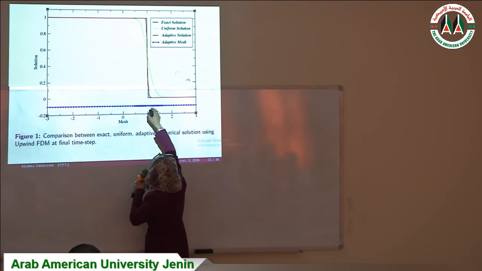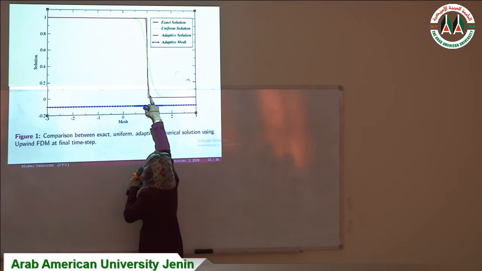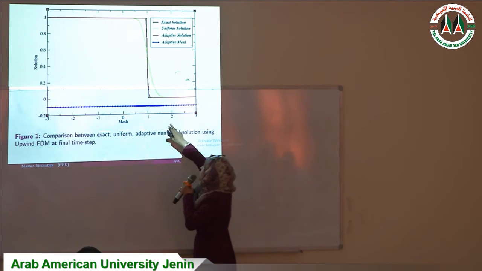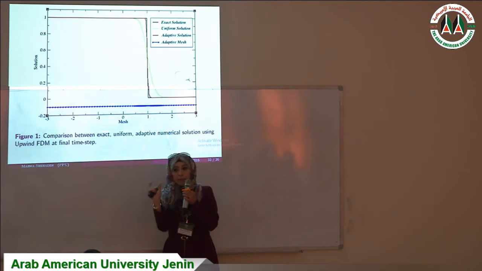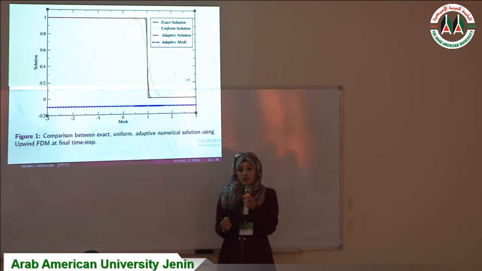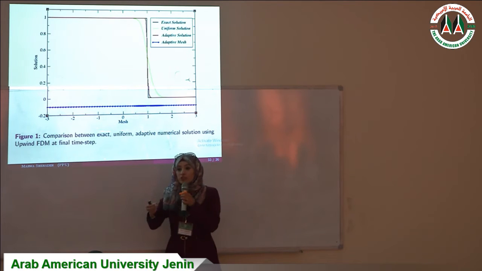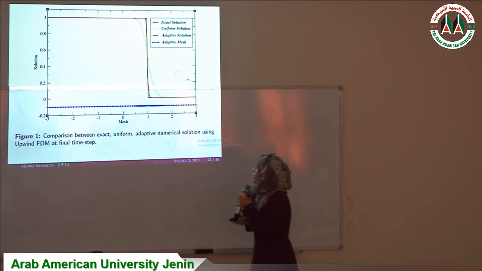Here in uniform we have high error, and we have high curvature points clustered in this area that capture this error and correct it, so we have the best numerical solution, close to the exact one.